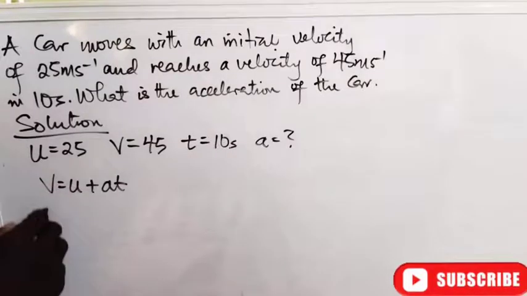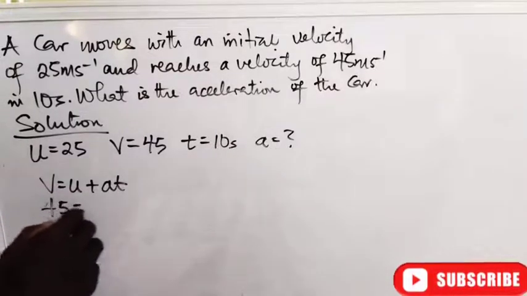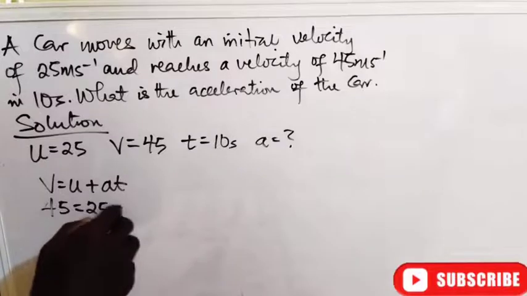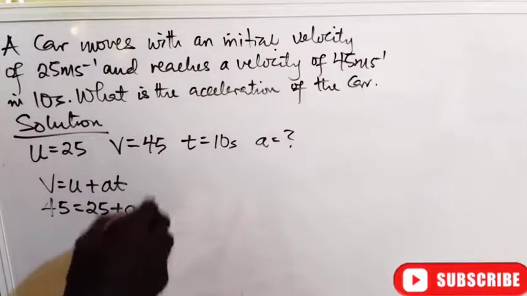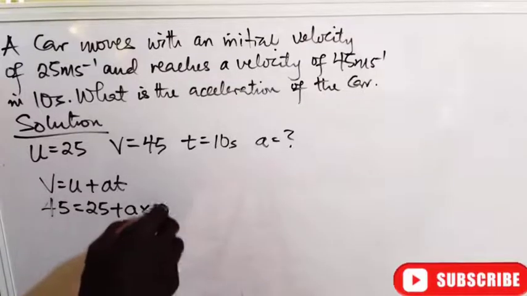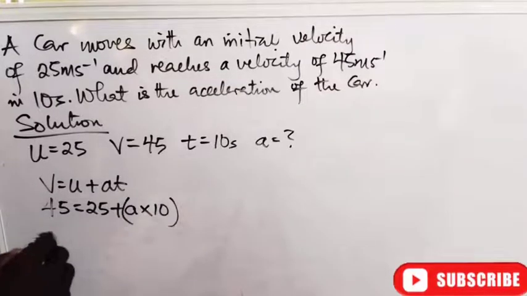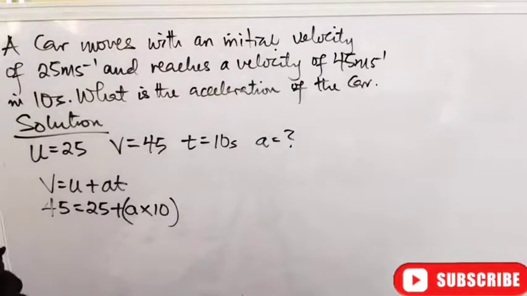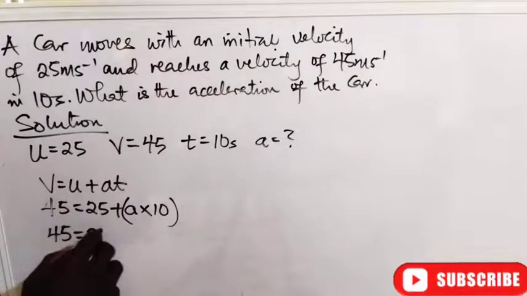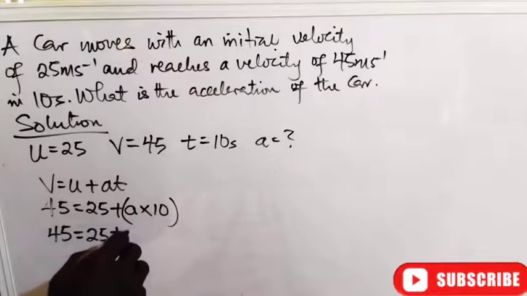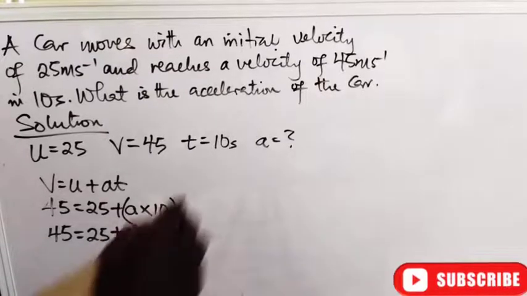Now, here we have 45 equals 25 plus a, which is unknown, times 10, which is our time. Okay, moving forward, we say 45 equals 25 plus 10a.